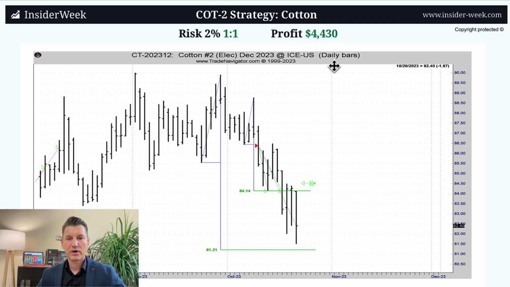I made a profit at a 1-to-1 risk-reward ratio of $4,430, and the next target is at 81.21. My stop is in the market, the risk is out of the market, so I wait for my price target and move my stop. This is my plan for this market for the coming week.